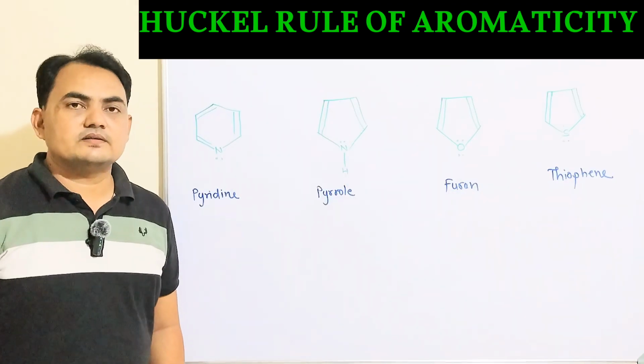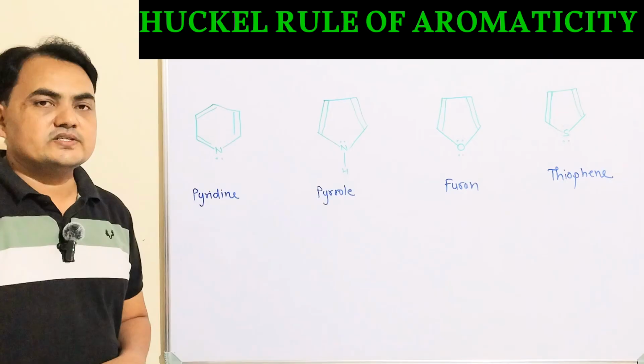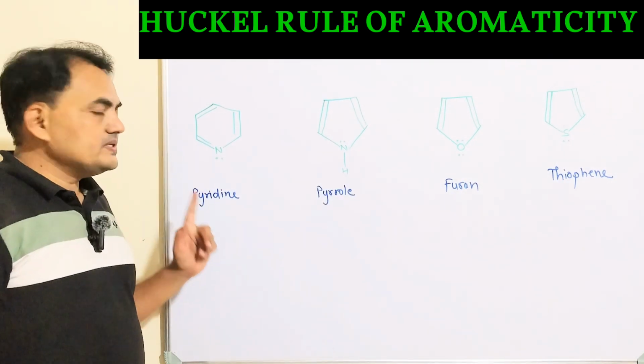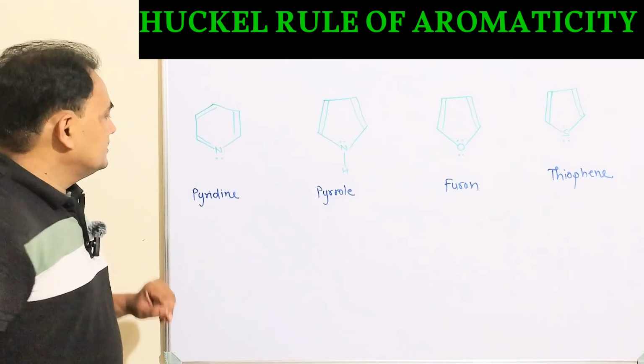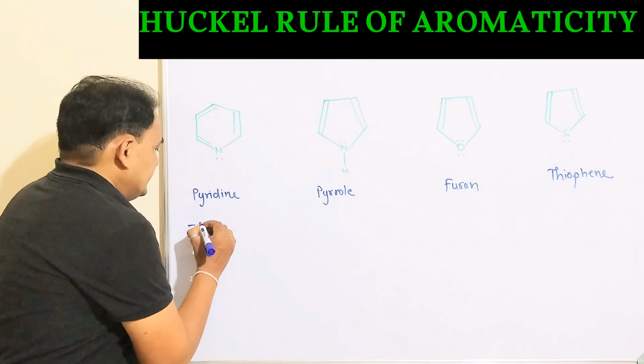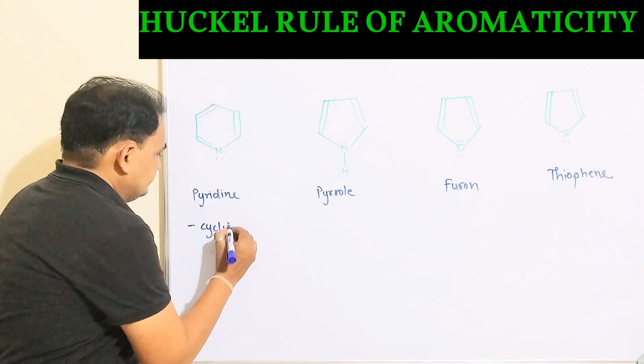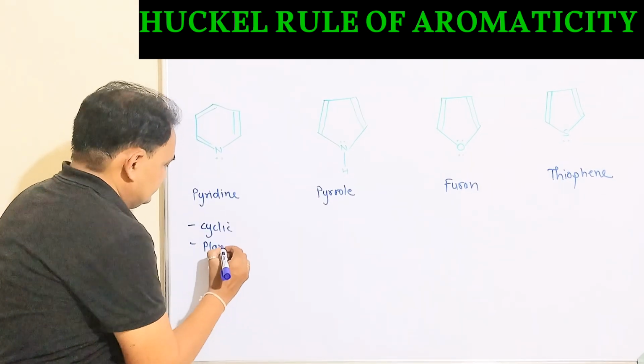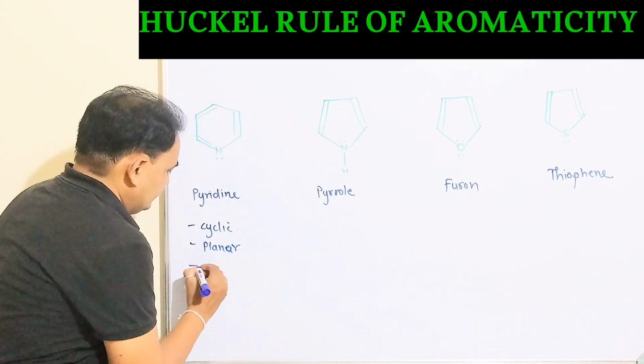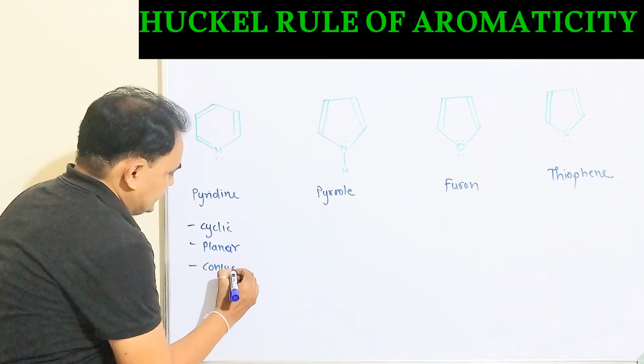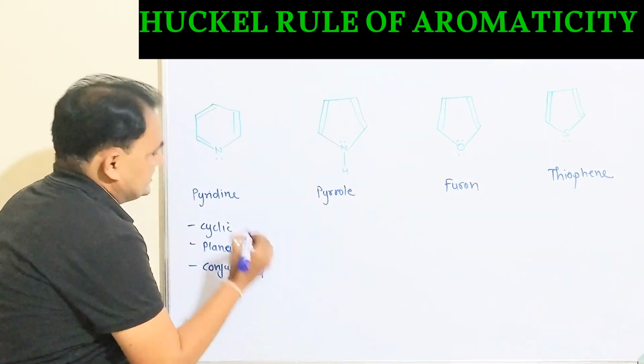Now we see another example to understand the Huckel rule. First of all, the example of pyridine. Pyridine is cyclic, planar, and a fully conjugated system. How conjugated?